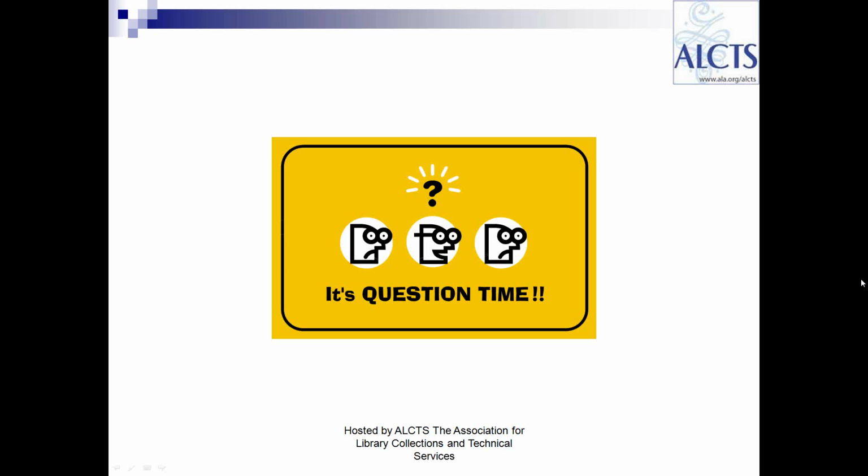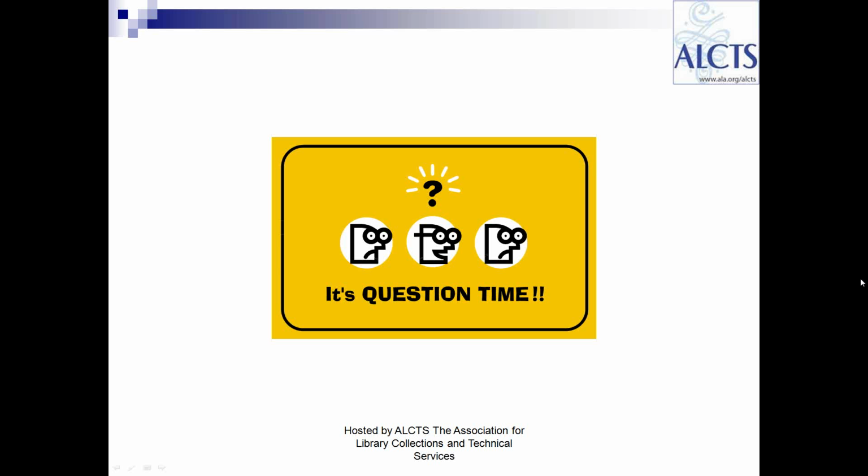Okay, well, there's a question about whether there is a website or listserv to find out when the single record approach guidelines will be clarified. No, not at this point. The single record approach guidelines are available from the CONSER website and from the PCC website, from both of those places. You might have to dig around a little bit, but you can find them there.